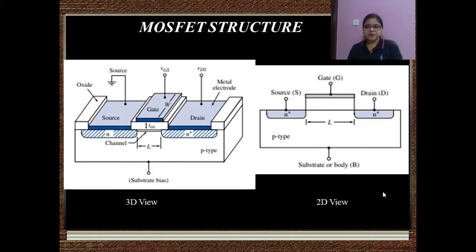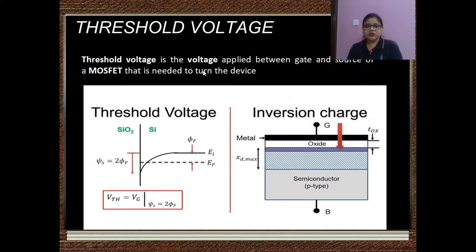Threshold voltage is that minimum voltage which is applied between gate and source of a MOSFET that is needed to turn on the device. If you remember, we have discussed this energy band diagram earlier also.